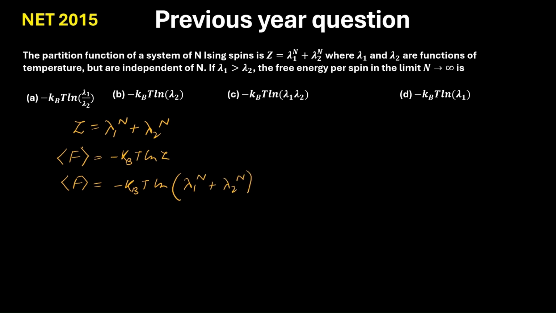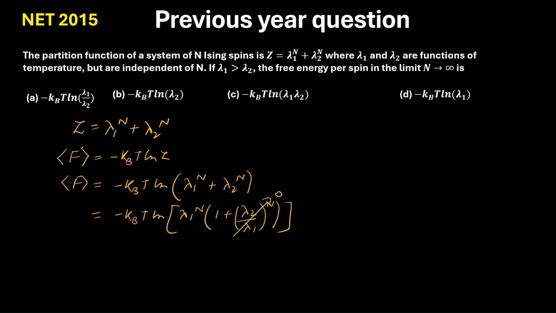So this is the expression of the free energy, but they have given that lambda 1 is greater than lambda 2. So what I can do is take lambda 1 to the power n common outside. So it will be 1 plus (lambda 2 by lambda 1) to the power n. Since lambda 1 is greater than lambda 2, I can approximate and take this term to be 0.